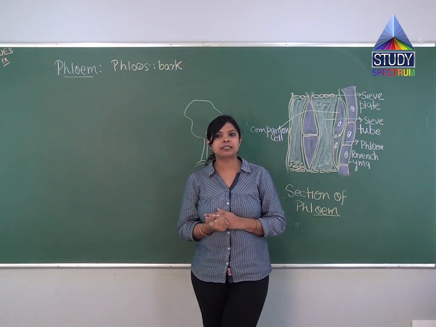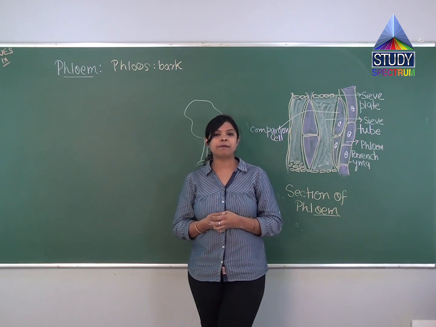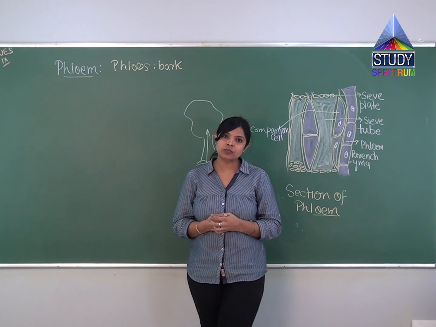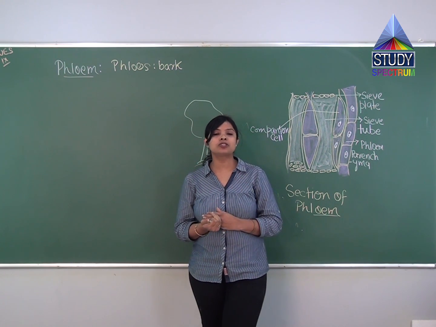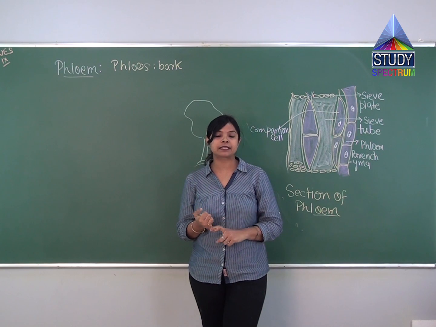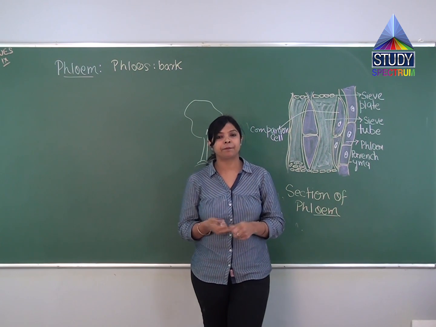We have also discussed the simple permanent tissues. These tissues are made up of single cell type. What are those tissues? There we have discussed parenchyma, collenchyma and sclerenchyma.